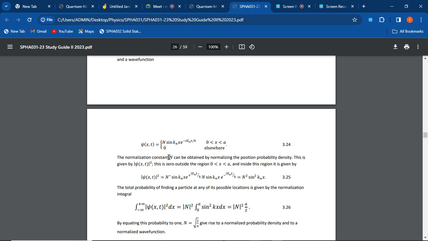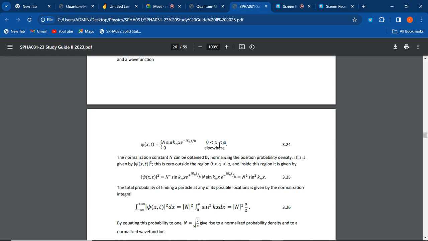When we normalize to find the normalization constant, you are given a wave function ψ(x,t) equal to N sin(k_n x) e^(-i E_n t/ħ). That wave function is defined from 0 to a.